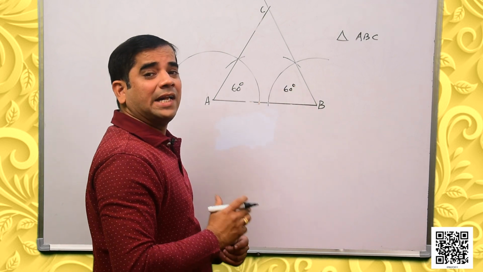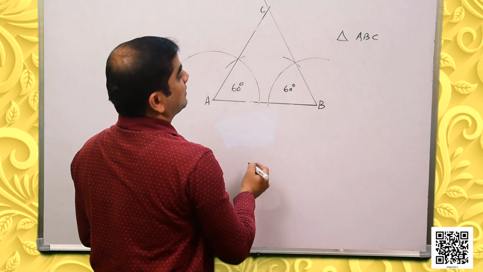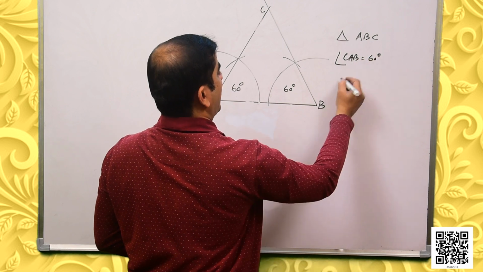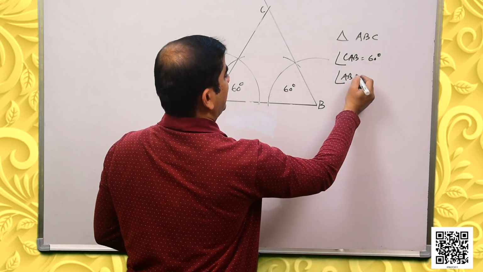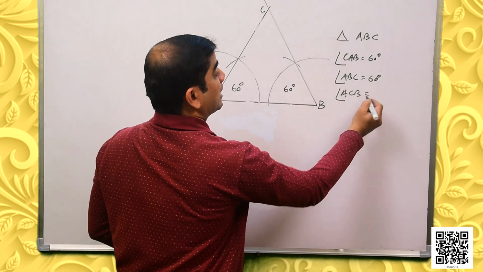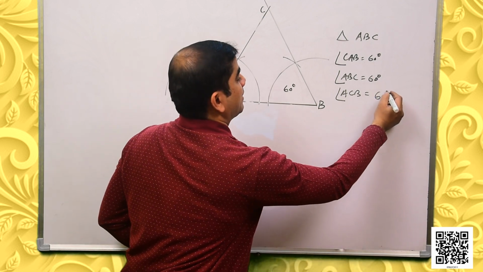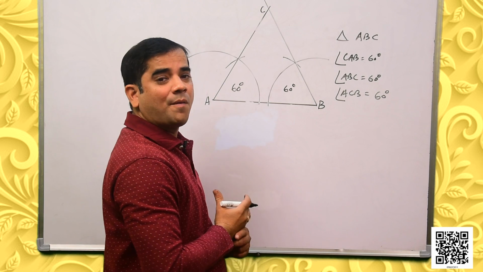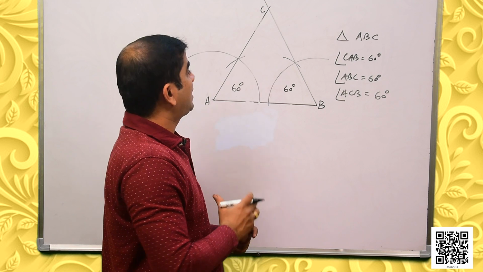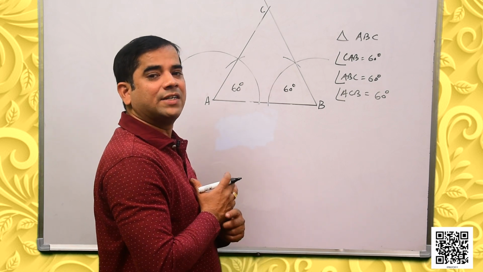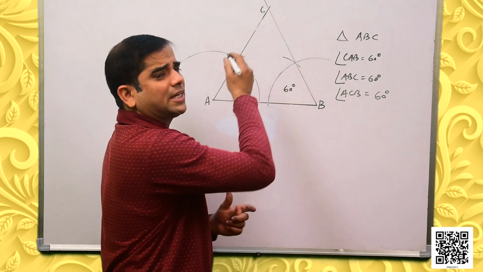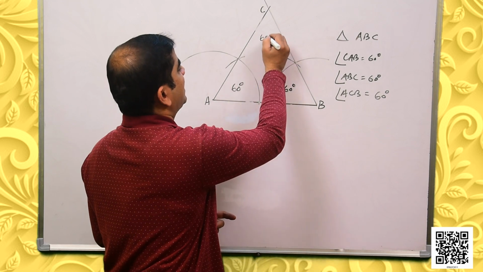So, according to angle sum property, if angle CAB is equal to 60 degree and angle ABC is equal to 60 degree, that means angle ACB has to be 60 degree, because as per the angle sum property, the three angles of a triangle sum up to 180 degree. So, 60 plus 60 is 120. So, we need not measure this angle, it has to be 60 degree.